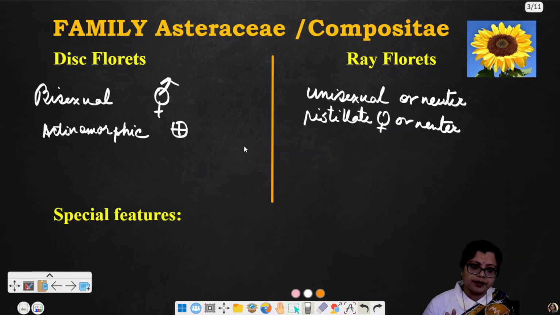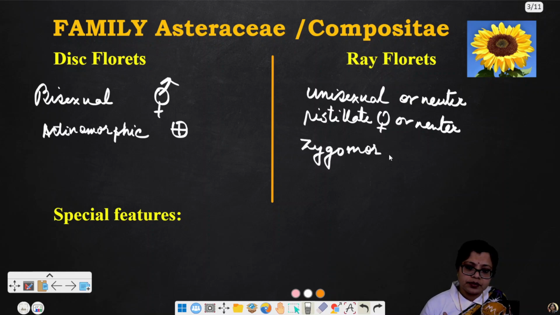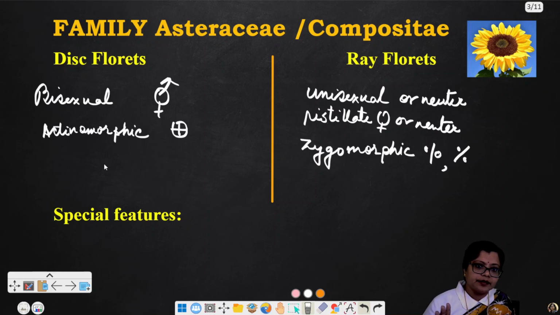Could you compare? Now the actinomorphic, here it is written, here it is zygomorphic because of that ligule. So that's why we use this symbol or else this symbol, both are correct. Okay. Here actinomorphic. Now the next one, first point, second point, third point.